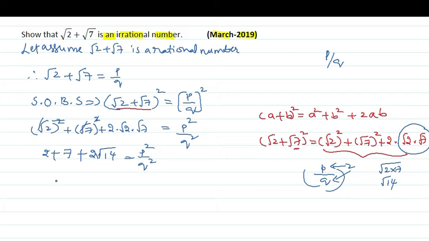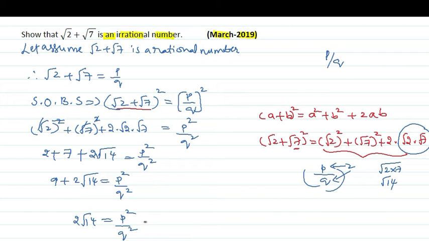Now 2 plus 7 is 9, plus 2 root 14, equals p square by q square.